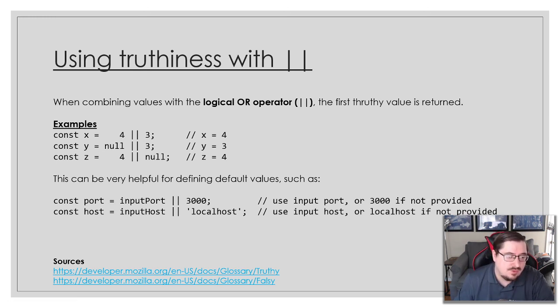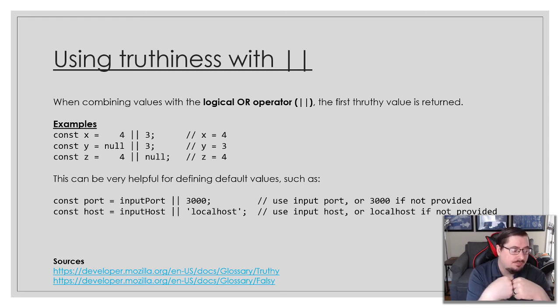So the first truthy value here is 4. Or if I say null or 3, well, null is falsy, so I'll get 3. Or if I say 4 or null, again, 4 is truthy, that's the first truthy value, I'll get 4. This can be really handy because it takes the first truthy value.